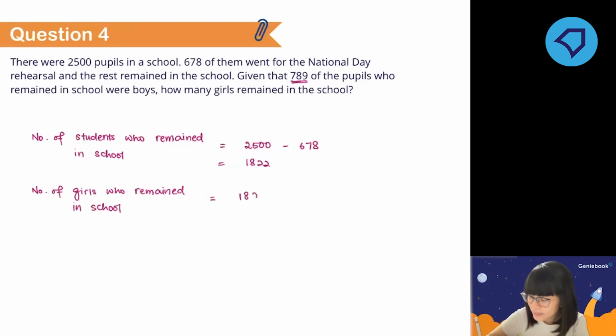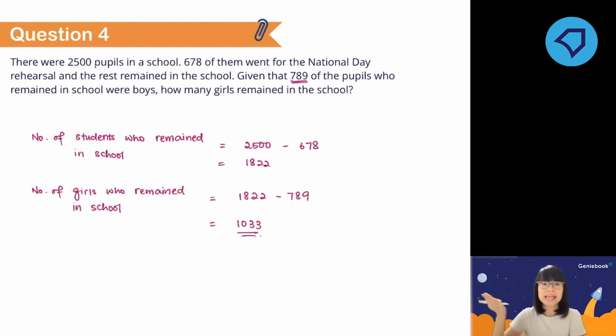So 1,822 minus 789. And then you guys will get 1,033. Excellent job. Any questions so far? Like I said, at the end, if you manage to get 1,033, your step should be correct. Some of you will add them together. You add 678 plus 789, and then you take 2,500 minus it. That's fine as well, okay? That's an alternative method.